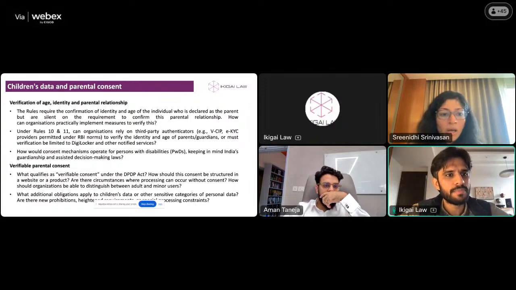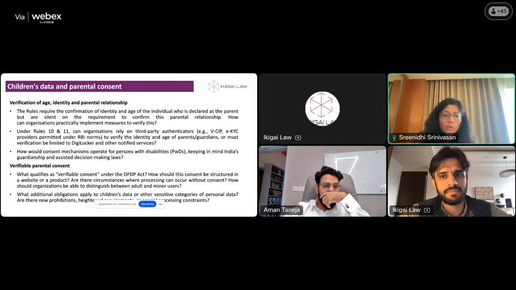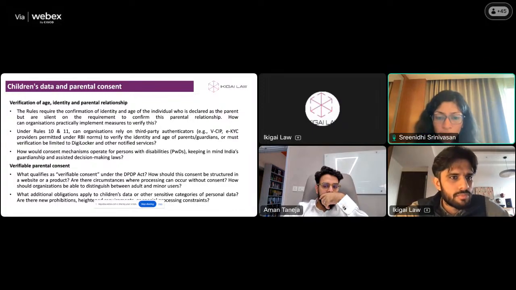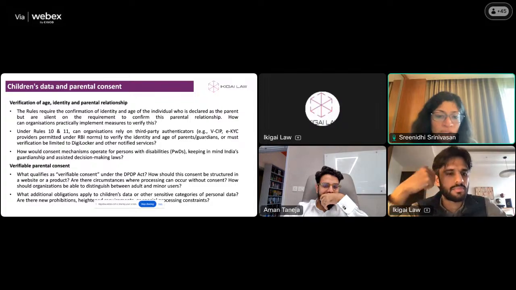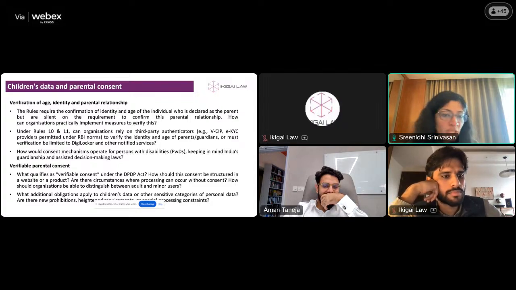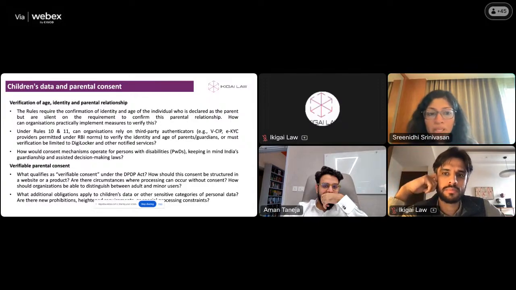Yeah, amazing. I think there's nothing requiring a platform or a company to just use DigiLocker or other notified services. They've not made it overly prescriptive. They've left it open to companies to determine how you make sure that those details of age and identity are obtained by you.